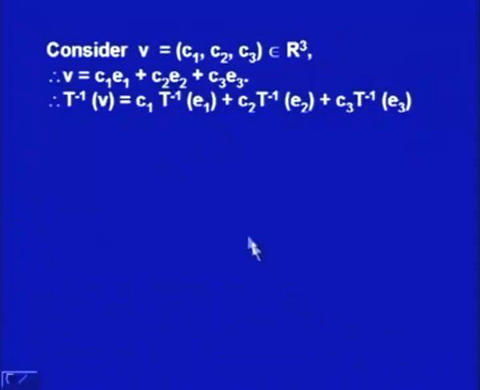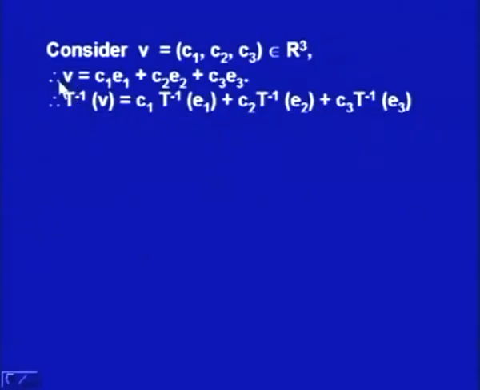Now, for this I consider the vector V as C1, C2, C3 belonging to R3, which is a linear combination of the base vectors E1, E2, E3. So, we write down V as C1 E1 plus C2 E2 plus C3 E3. So, applying T inverse, we will have T inverse V is equal to C1 of T inverse E1 plus C2 of T inverse E2 plus C3 of T inverse E3. This we are getting because T inverse is also a linear transformation.